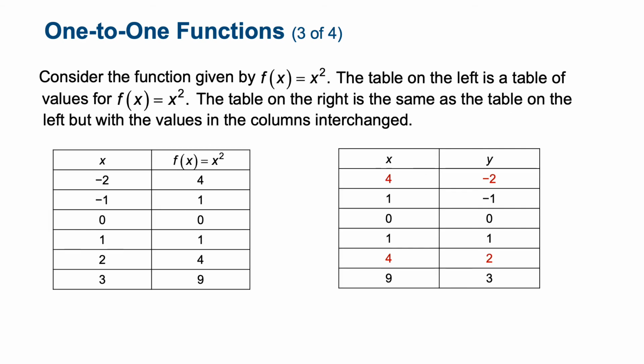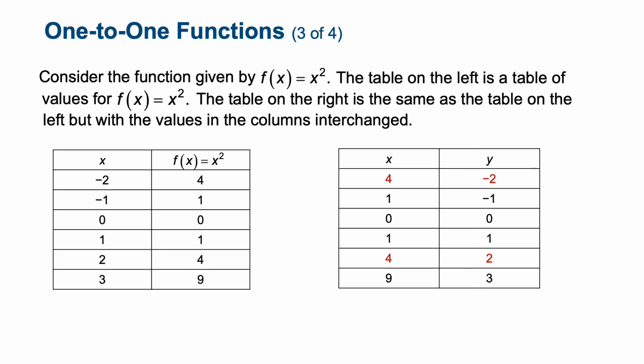So let's look at this. f of x is equal to x squared. Here we have a table of values for f of x equals x squared, from -2 to 3, and we just square each one. So -2 squared is 4, -1 squared is 1, 0 is 0, 1 is 1, 2 is 4, and 3 is 9. Now in this one we switch the domain and range.